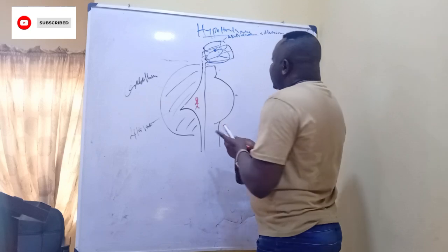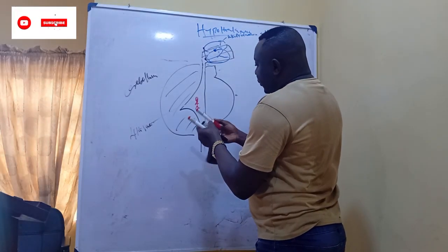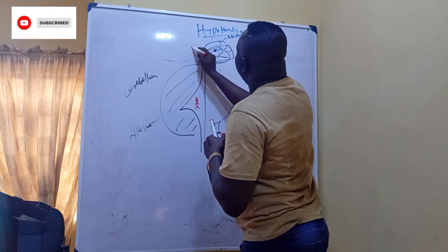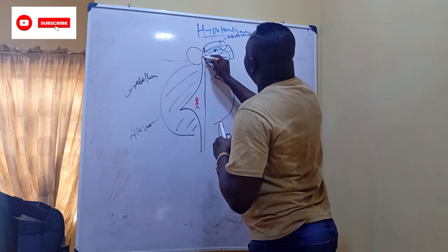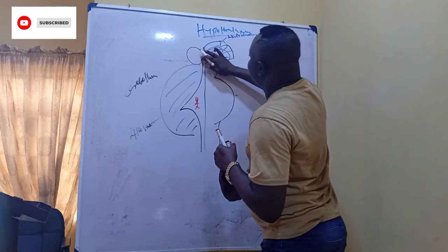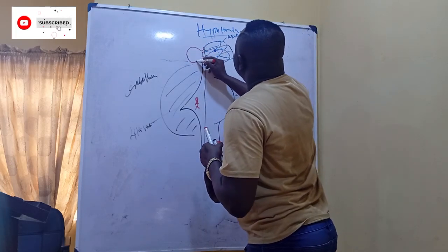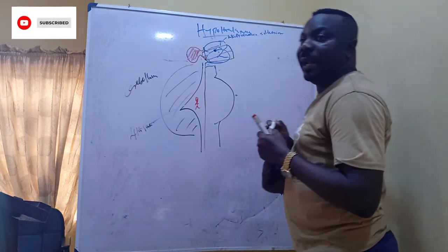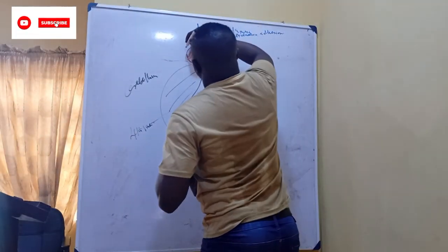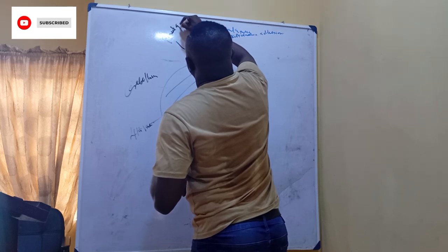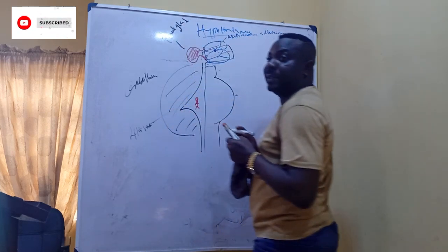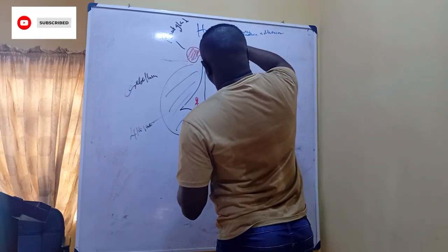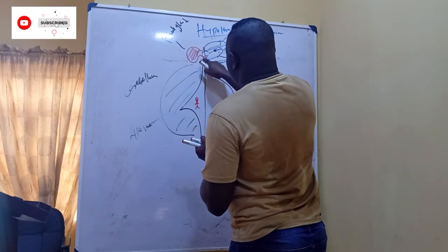Still behind the thalamus, we have what we call the pineal body, or the pineal gland.